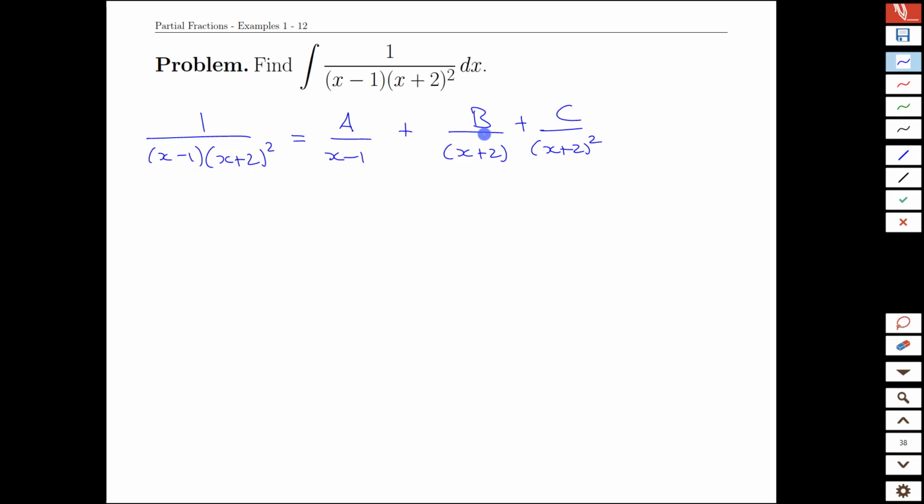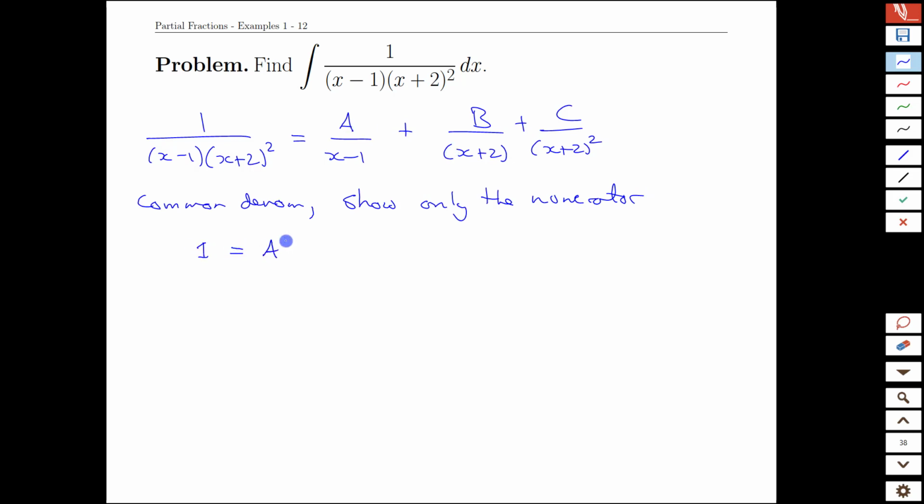And away we go. We do our usual thing of getting the common denominator. This time, I'm just going to show only the numerator, because we know at this stage how to manipulate polynomials. And if the denominators are going to be the same anyway, why write them out? So on the left-hand side, we have a 1.